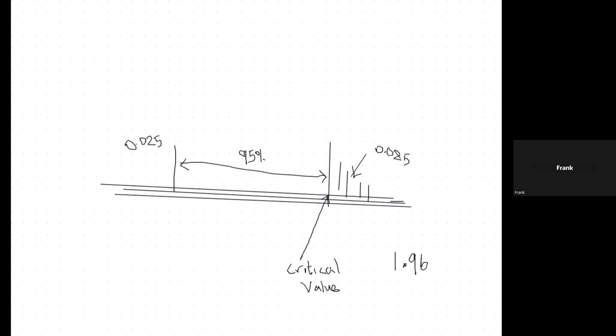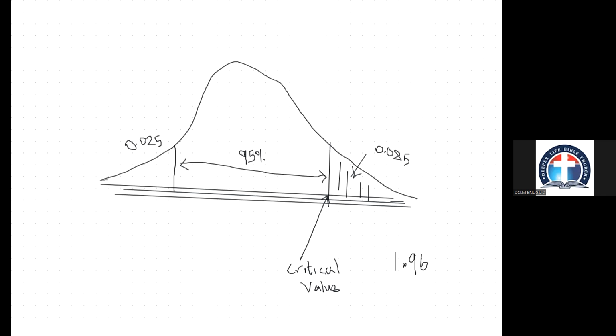Yes, sir. So what we are saying in essence is that this is the goalpost we have set. And after setting this goalpost, we are simply saying that this particular region becomes our rejection zone.